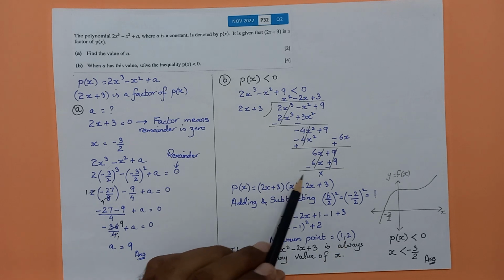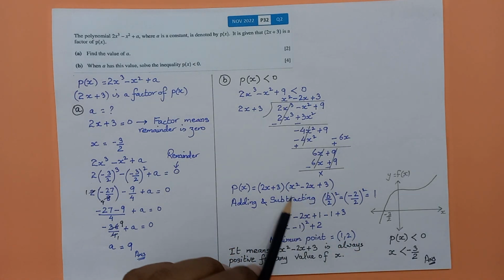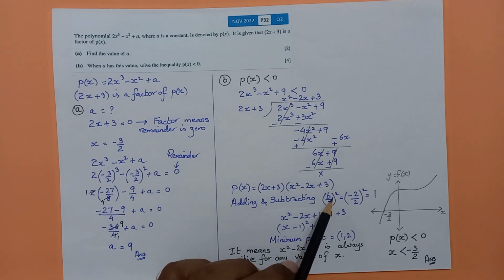That means if we draw the graph of this quadratic equation, the minimum point would be 1 comma 2, and the graph of this quadratic equation would completely lie above the x-axis.